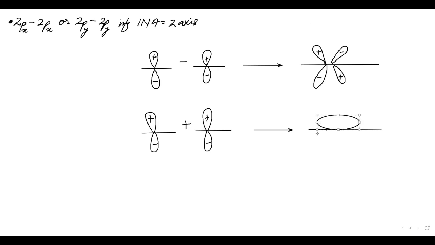And the next one will be just like this only. I have to make the nucleus here, nucleus here. Cool. This will be pi 2p star x or pi 2py star.